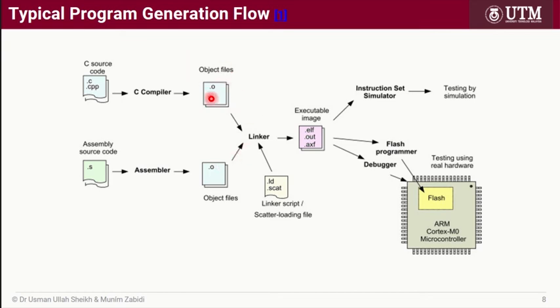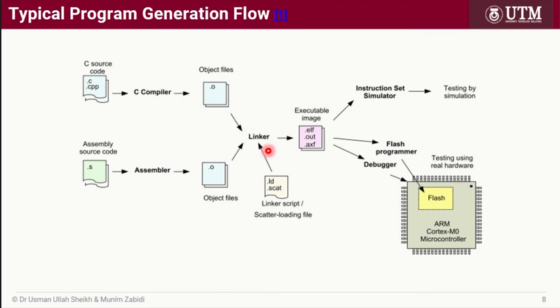This means that the object file from your C language, and the other object file from assembly language, you need to link together by using a linker to produce a single object file.